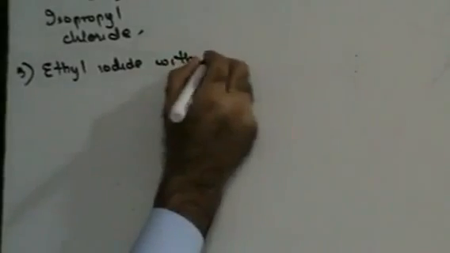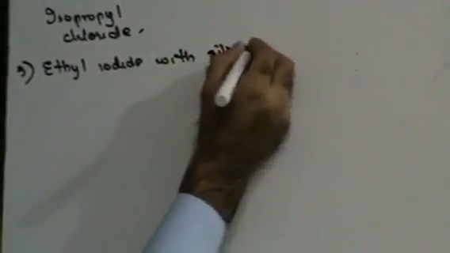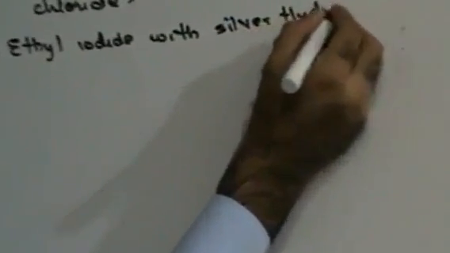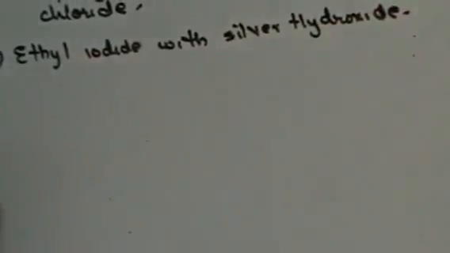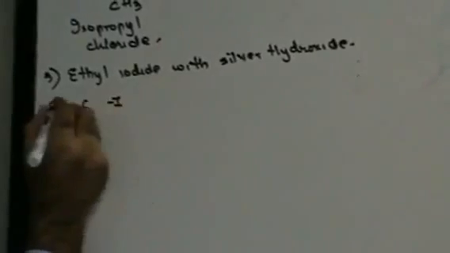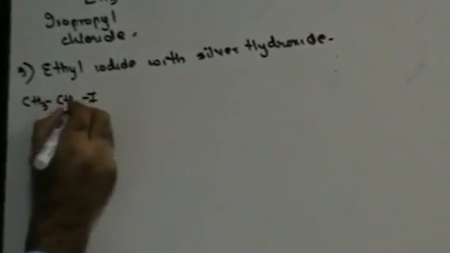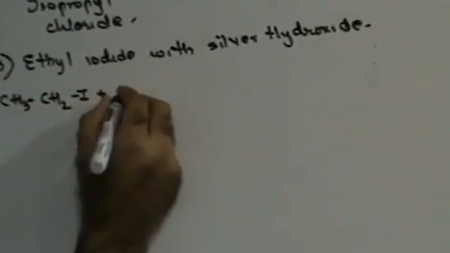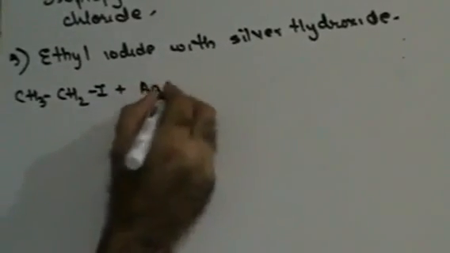Let's see with silver hydroxide what happens when ethyl iodide reacts with silver hydroxide. Ethyl, two carbon atoms, iodide, I. Ethyl, CH3 CH2I reacts with silver hydroxide, AgOH.